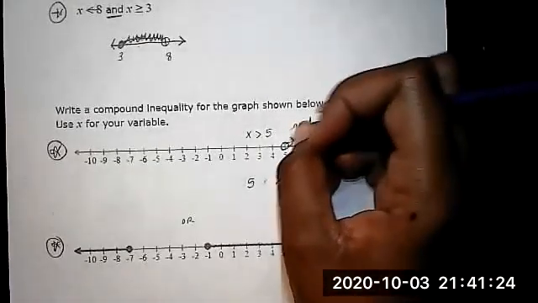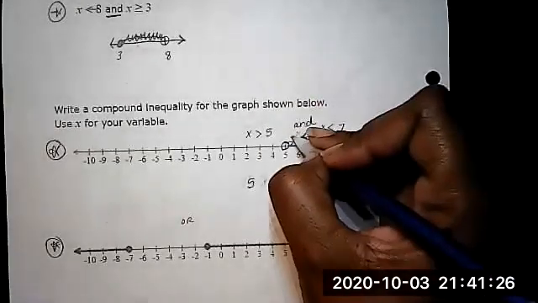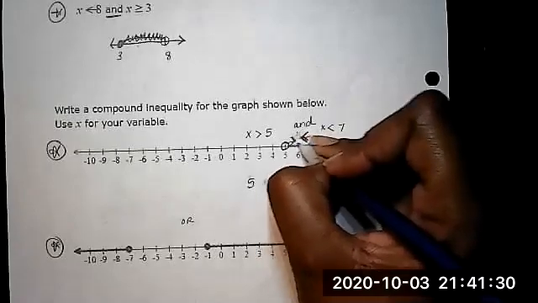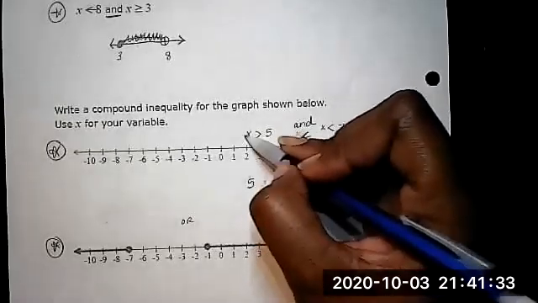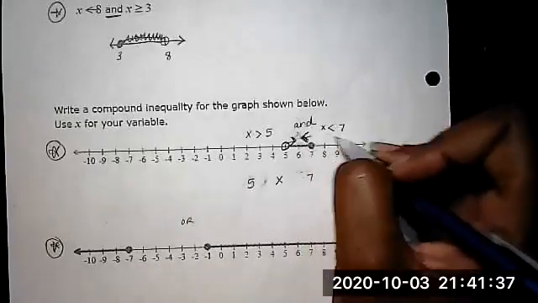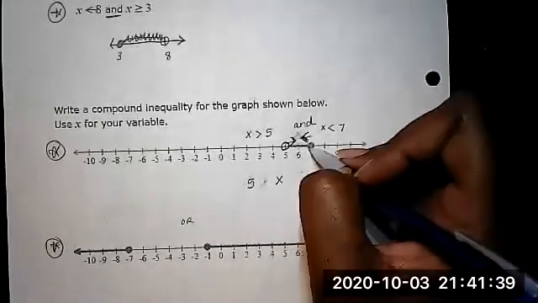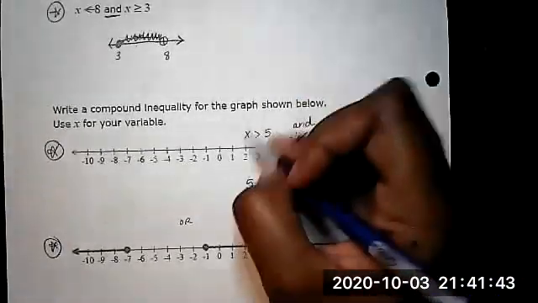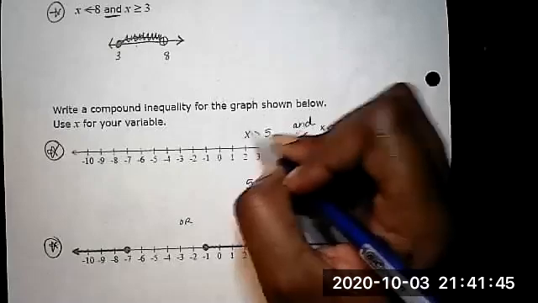Do you see how it goes? It goes right here to the left. All these numbers are bigger than 5, so it will be x is greater than 5 here. And in this case, my x will be less than 7, because all these numbers are smaller than 7. So I have to kind of flip it in this case.